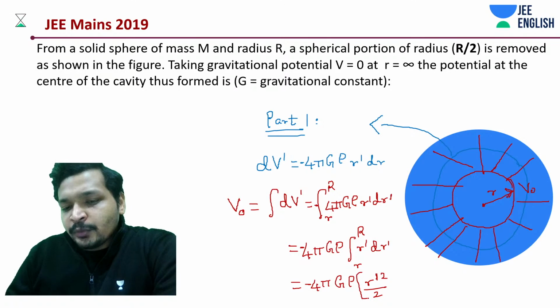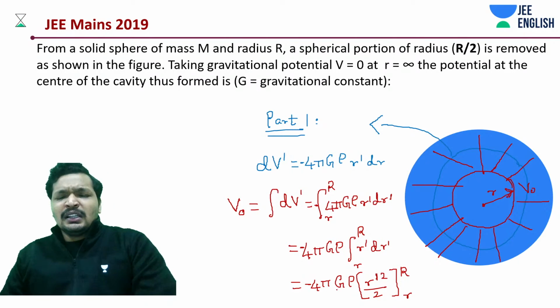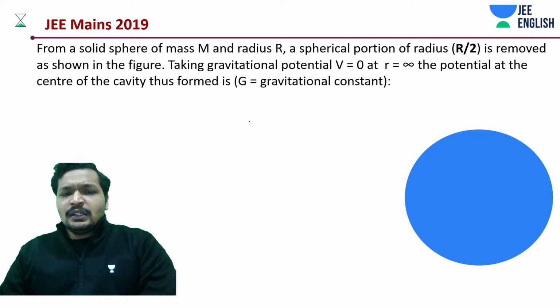And the limits are going to be from r to capital R. If you work out this, you'll be getting R square minus r dash square minus r square. Okay, so what do we have?